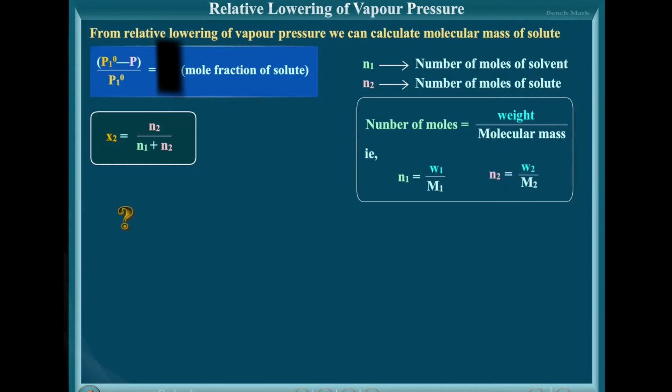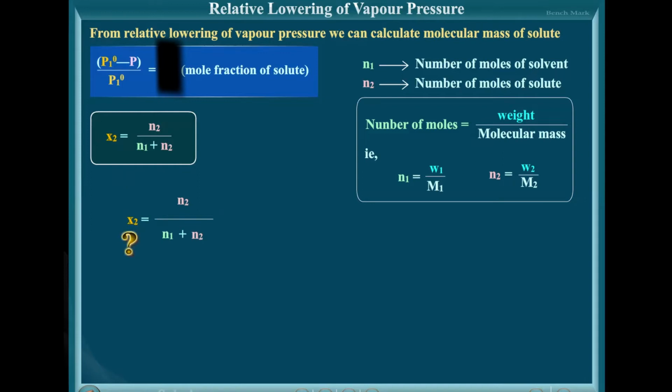That is, N2 is equal to the mass of the solute divided by the molar mass of the solute. N1 is equal to W1, which is the mass of the solvent, by the molar mass of the solvent, which we have learnt earlier.